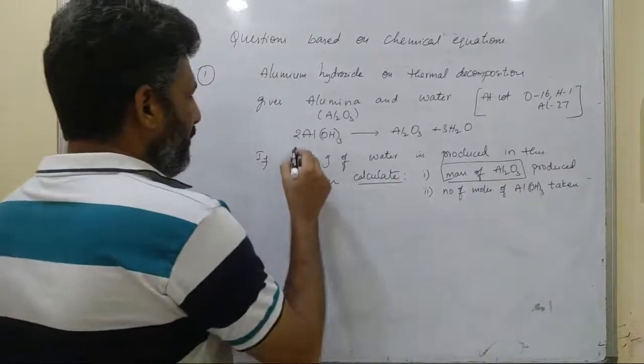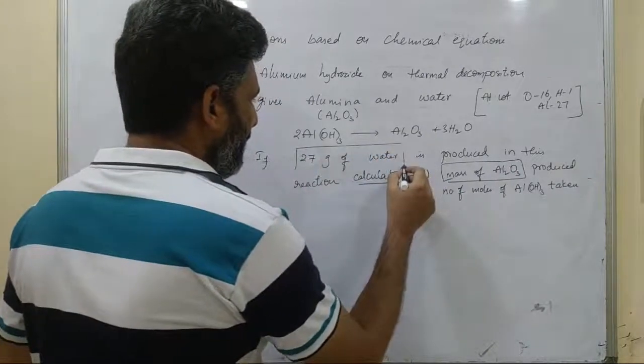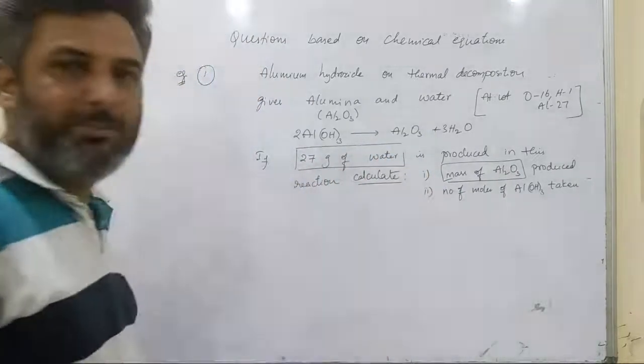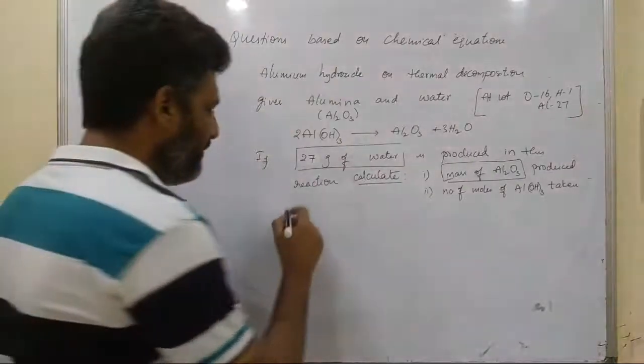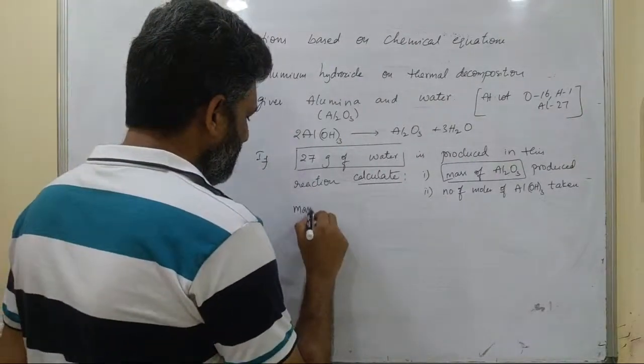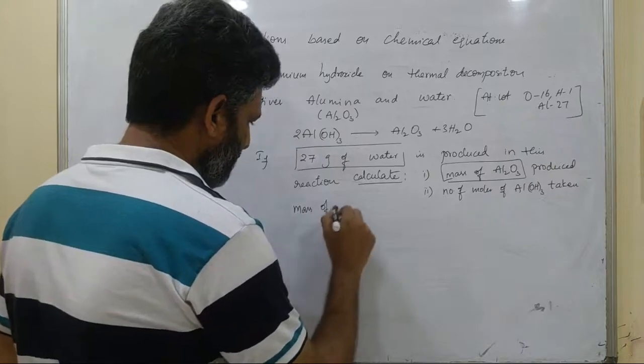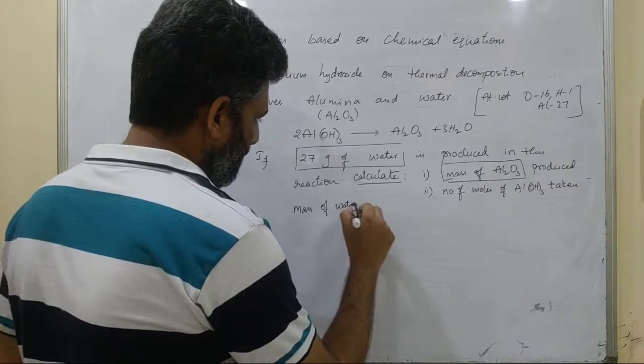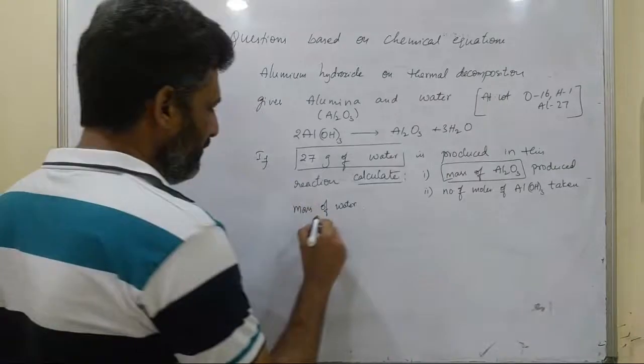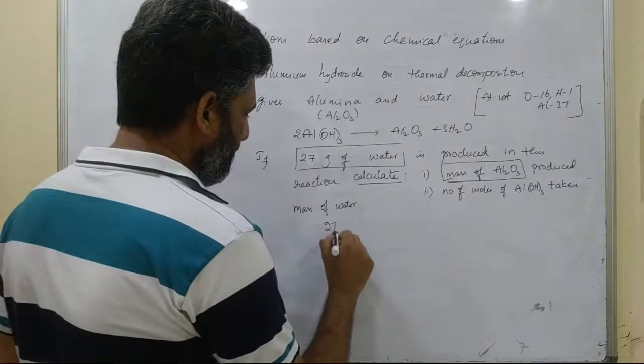Here, what is given is 27 grams of water is produced. So that is the mass of water, 27 grams is given.